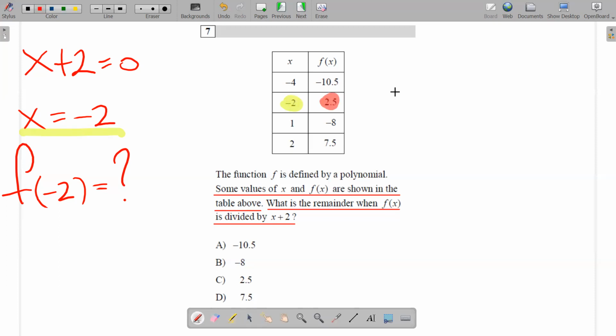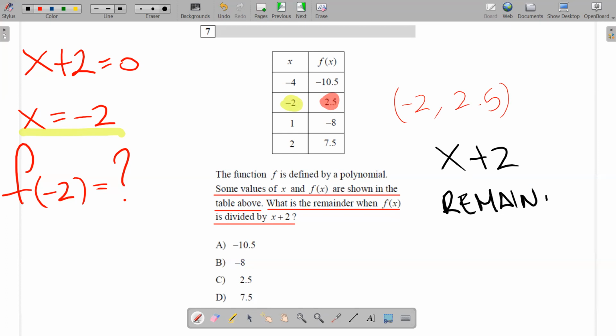Now, remember what I said before. This one represents our coordinate, of course, but at the same time, this is also the remainder when the function is divided by x plus 2. So the remainder here will be 2.5.